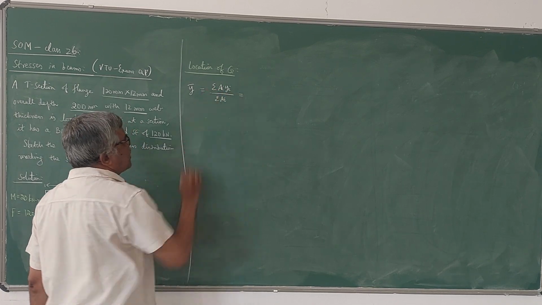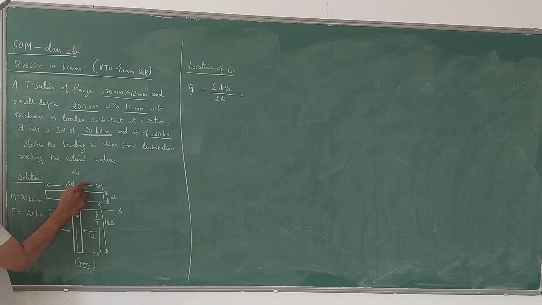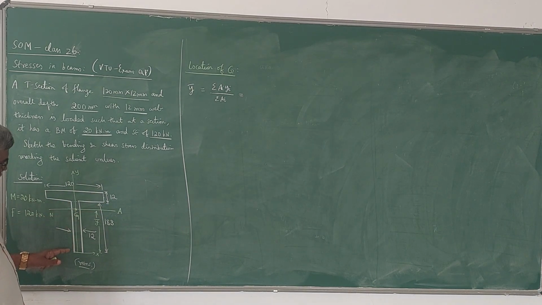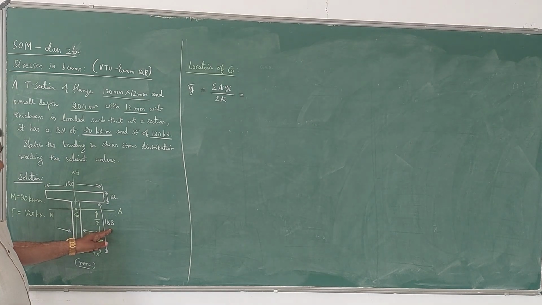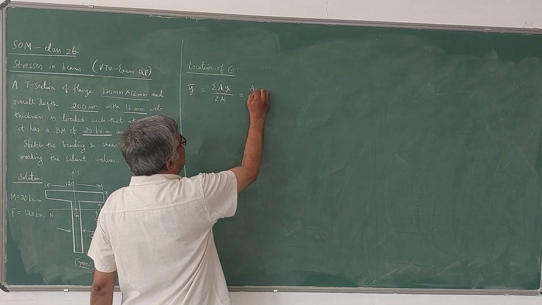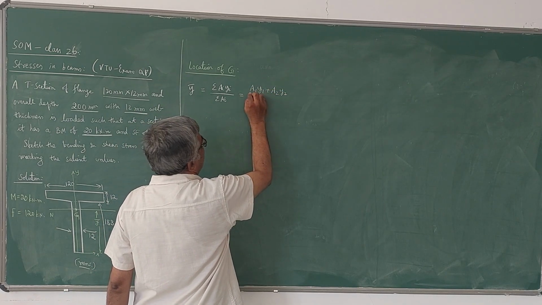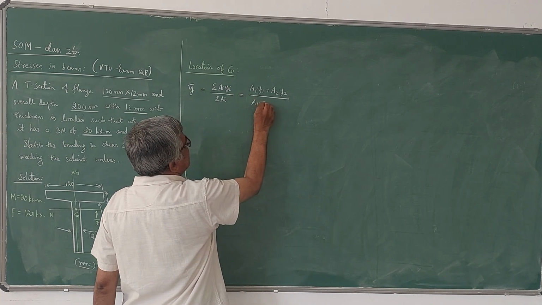This T section is divided into two rectangular sections. One rectangle is 120 by 12 mm, and the other rectangle is 12 by 188, that is the red portion. So sigma a y means a1 y1 plus a2 y2, divided by sigma a, which is a1 plus a2.